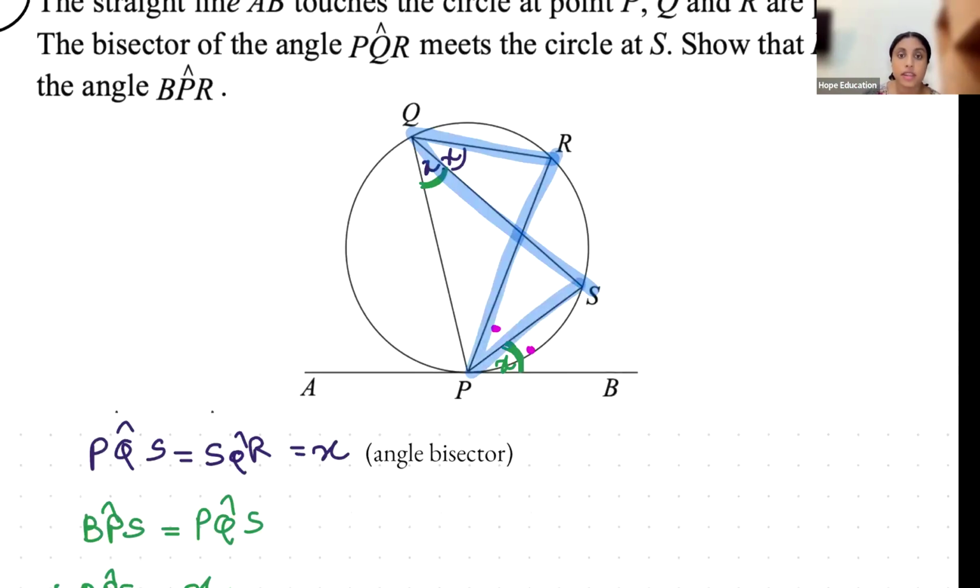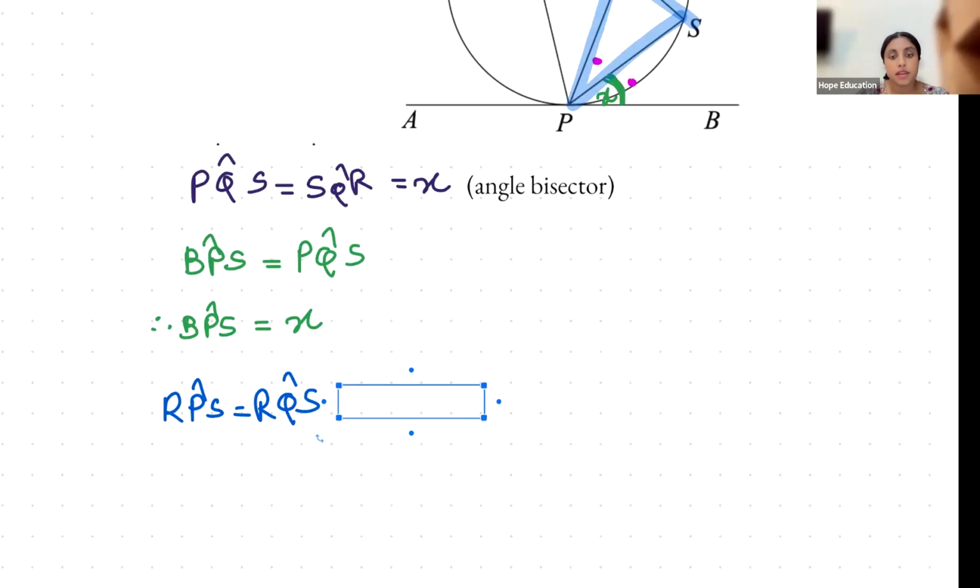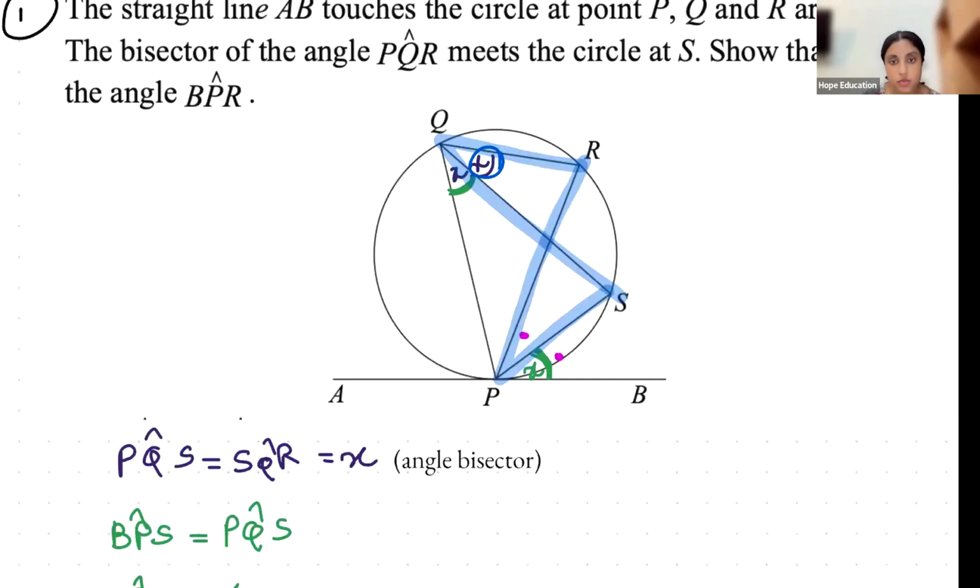So we can write RPS equals RQX. Why are they equal? Angle subtended by the same arc on the circle. Now you know RQX is x no, එහෙනම් මෙයාත් x වෙනවා.